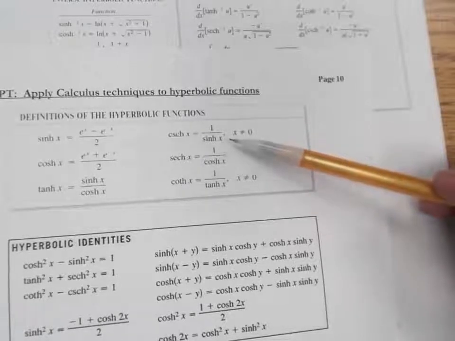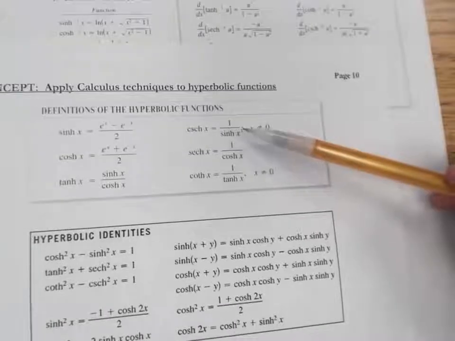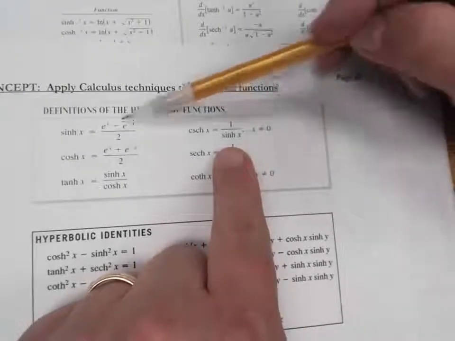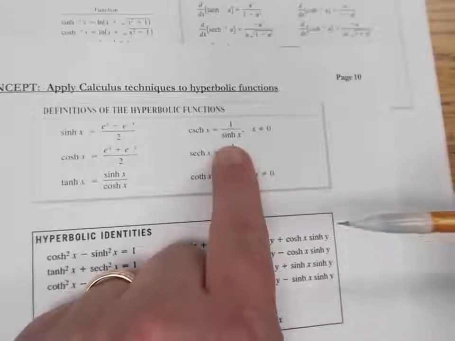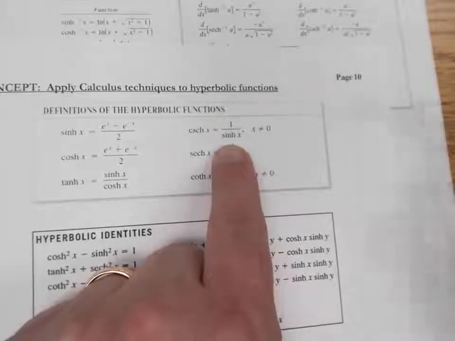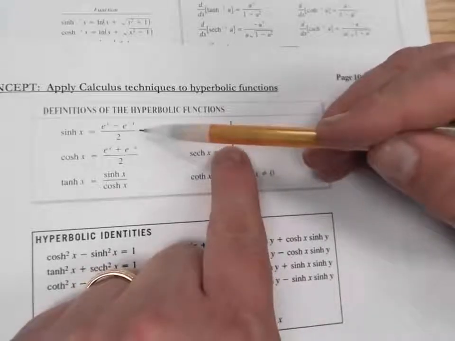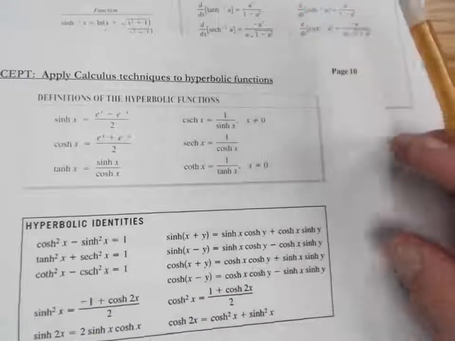The relationship between hyperbolic cosecant and hyperbolic sine is a reciprocal relationship, so the easiest way to do this could be to take hyperbolic sine and make the reciprocal of it to solve this.